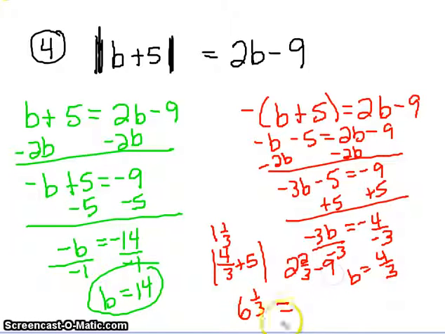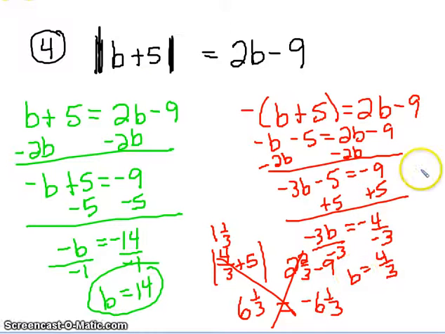Well, that's a negative. That's going to be negative 6 1/3. Are they equal? No. So this answer doesn't work. Remember we said you had to be very careful if there was a variable inside the absolute value and a variable on the outside. You should be able to simplify in your calculator if you're not loving the math.